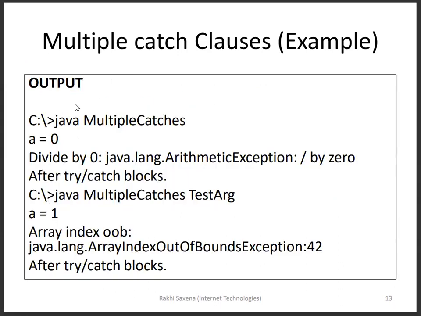So this is the output: firstly, divide by 0, because there are no arguments given at runtime. I have not given any argument here, so the value of a is 0. So divide by 0 comes here, and after that array index out of bounds is thrown.